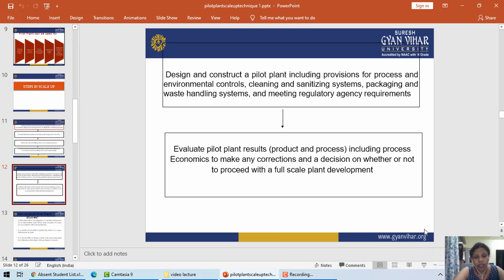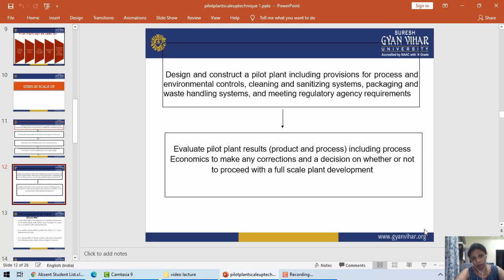Next is to design and construct a pilot plant, including provisions for process and environmental controls, cleaning and sanitizing systems, packaging and waste handling system, and meeting regulatory agency requirements.